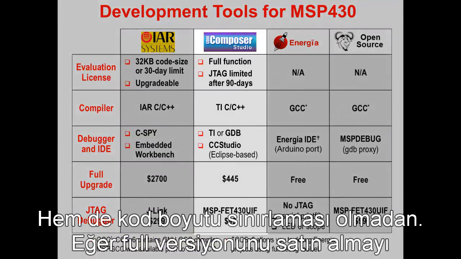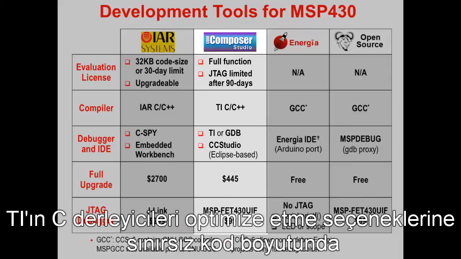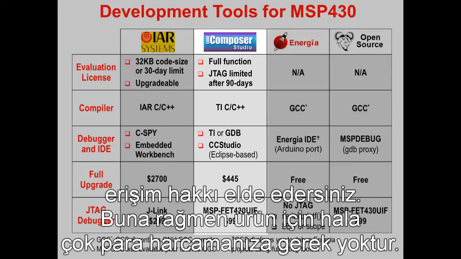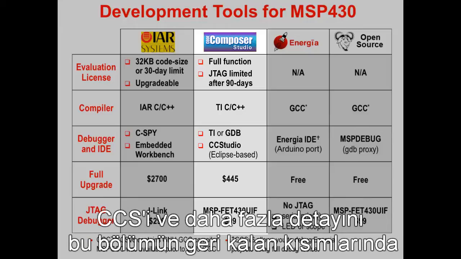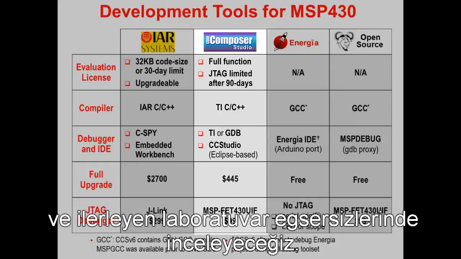Even if you choose to purchase the full version so that you can gain access to TI's Optimizing C compiler with an unlimited code size, you still don't have to spend much money for the product. We'll explore CCS in much more detail in the rest of this chapter and in the upcoming lab exercises.